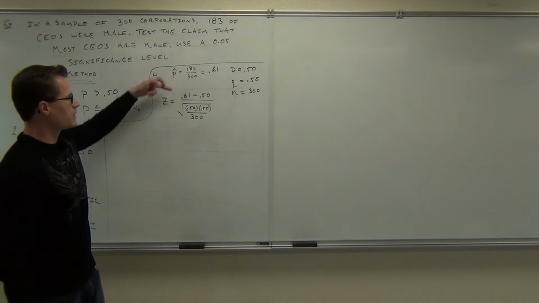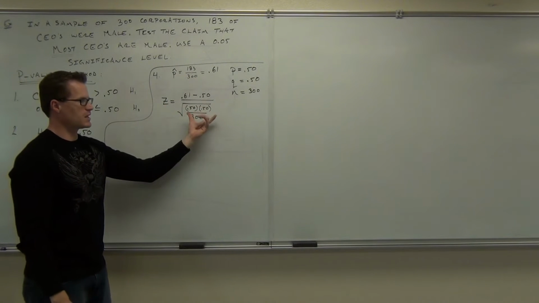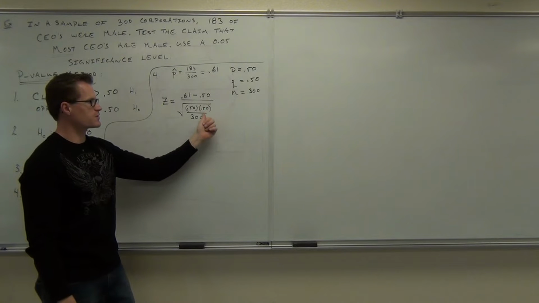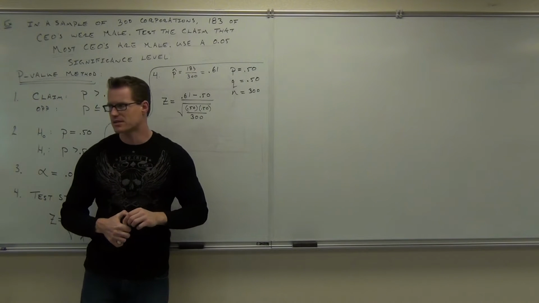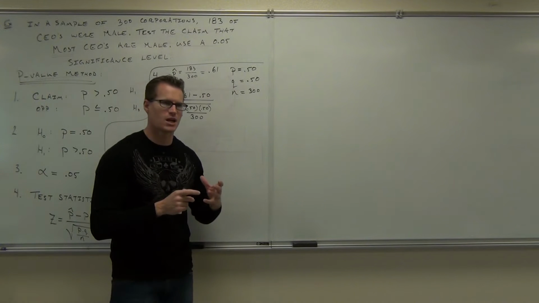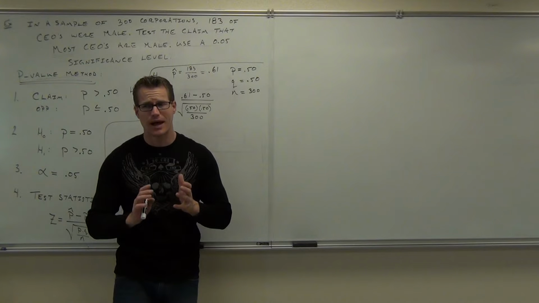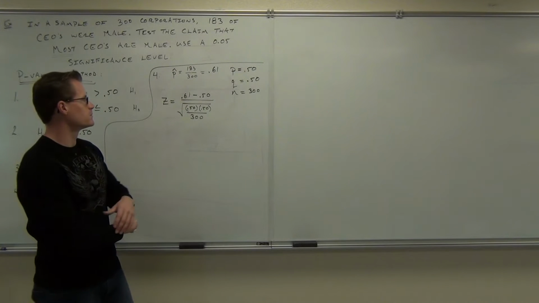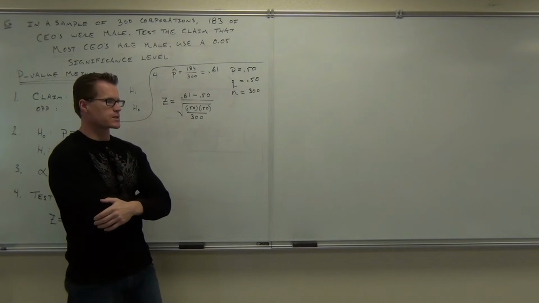So 0.61 minus 0.50 divided by the square root of this big information: 0.50 times 0.50 divided by 300. Remember, you're not supposed to round until the last step. You're dealing with proportions, which means you've got to be accurate to at least the third decimal place. If you round, that's not going to happen. I'm sorry, z-scores, 2 decimal places.